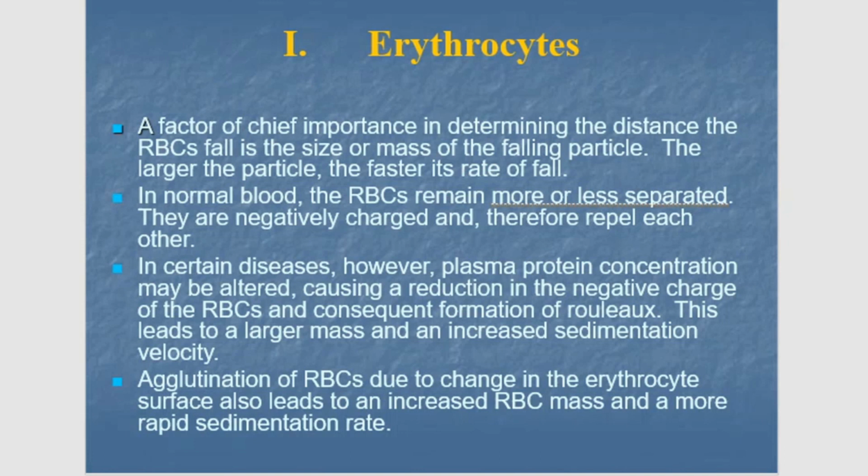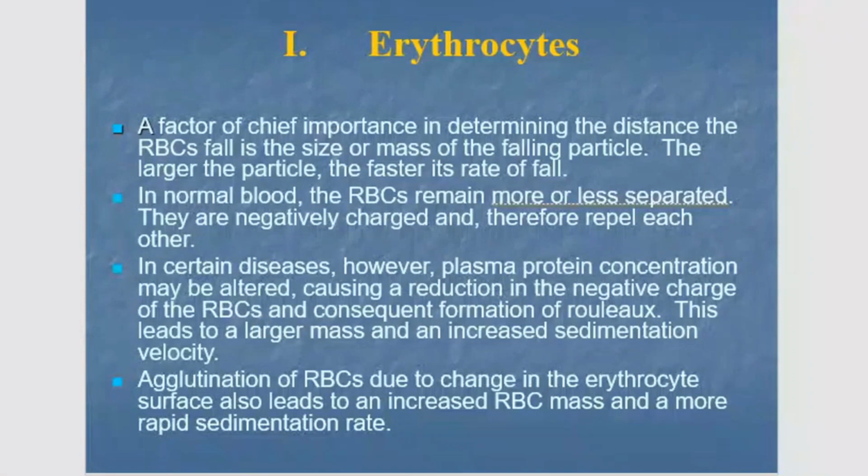Right? So rouleaux formation is always because of the reduction in the negative charges of RBCs, and this leads to the large mass and an increased sedimentation velocity. So what does it mean?